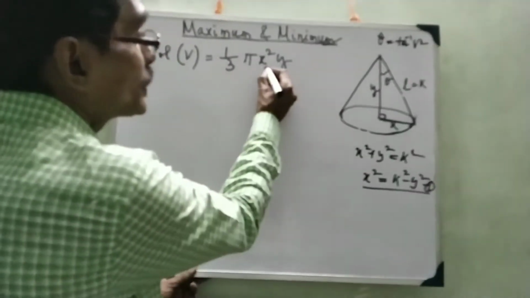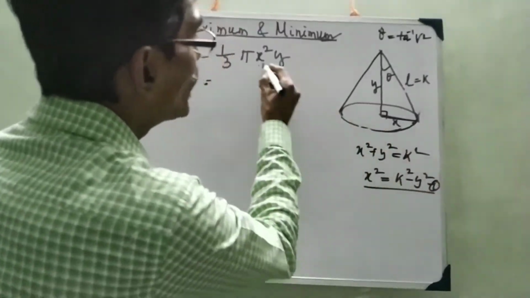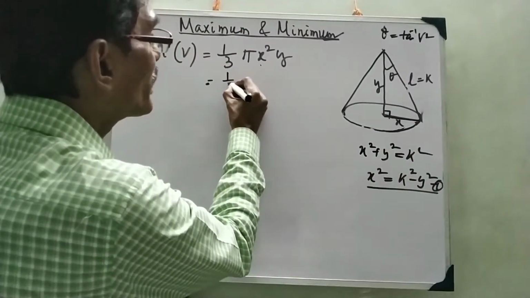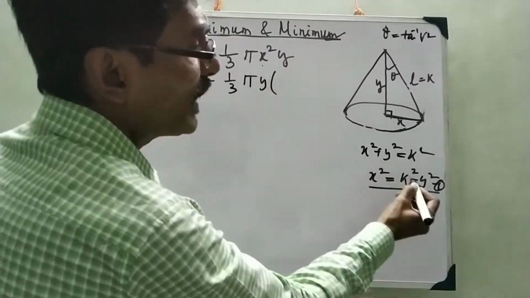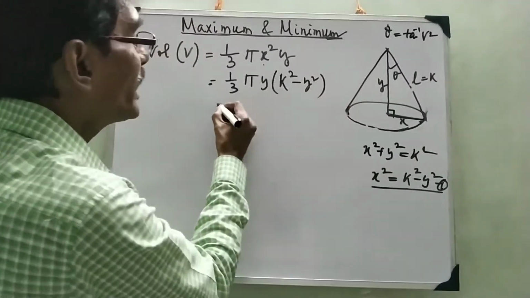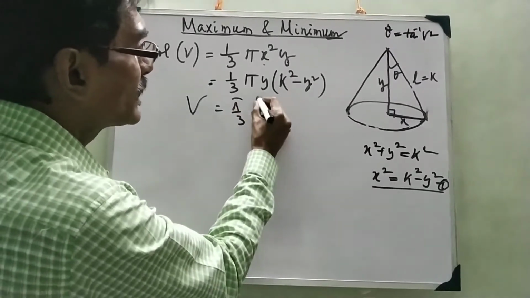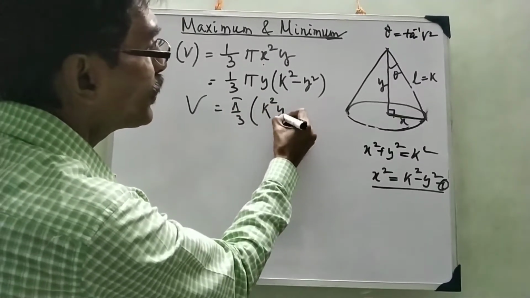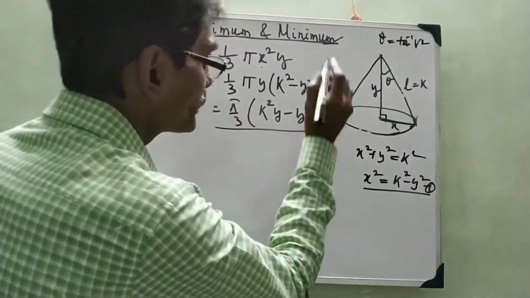Now, two main variables are there. Convert into one variable using equation number 1. So I get 1/3 pi y, and putting the x square value from equation number 1, finally V equals pi by 3 times the bracket k square y minus y cube. So this is our main function.